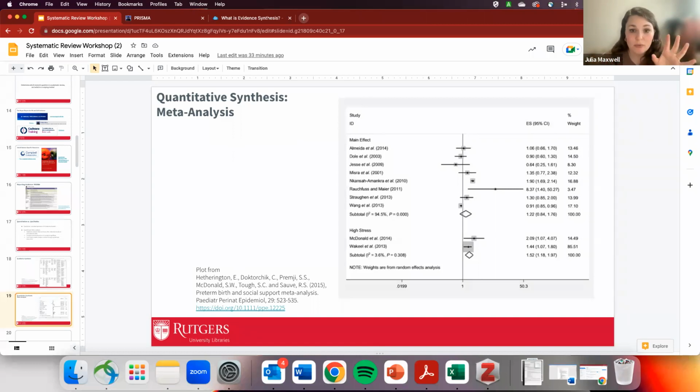You might have a table with the narrative synthesis and a meta-analysis. So there's no wrong way to do it. These are just the two different ways that we see the evidence represented, if that makes sense, Natalie.